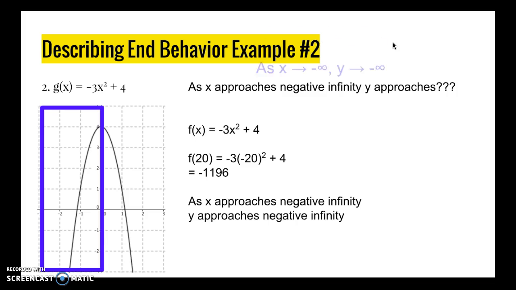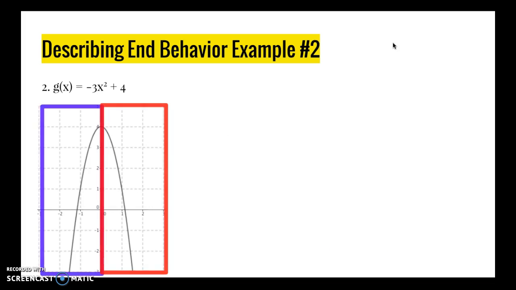It's okay for them both to be negative. This is how we'd write our answer. And again, just to show you the final result of both of them together, here's what you would have. It doesn't matter if you start with your positive or negative side first, total personal preference.